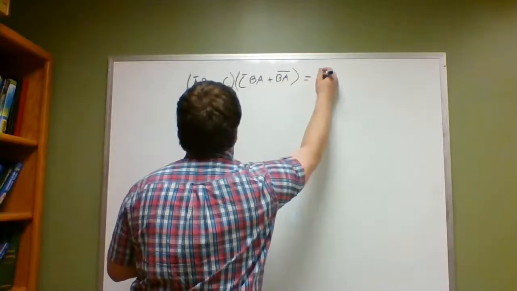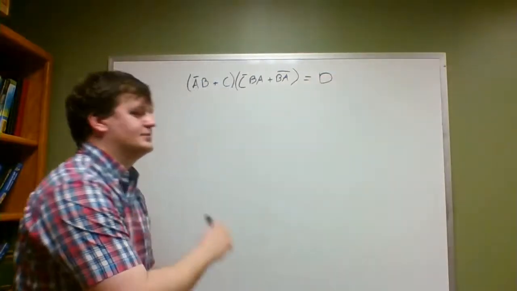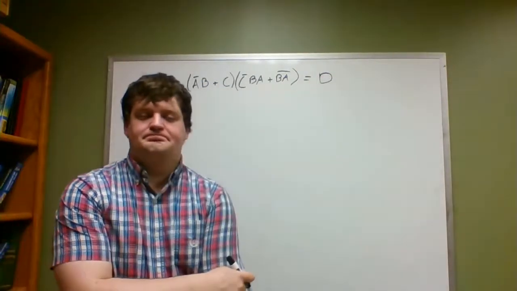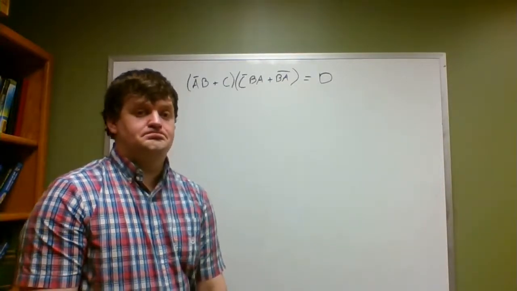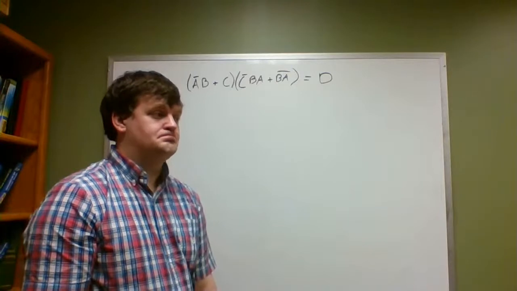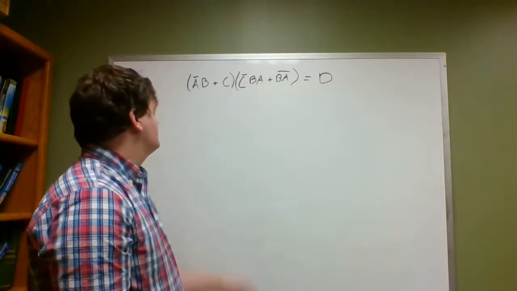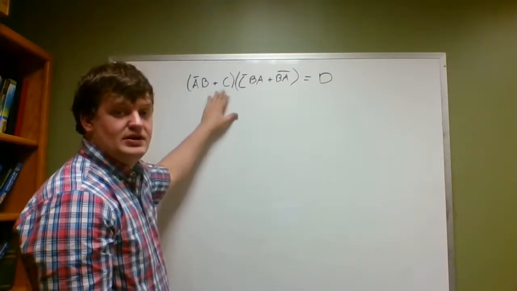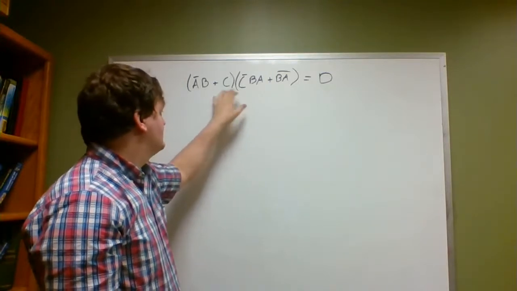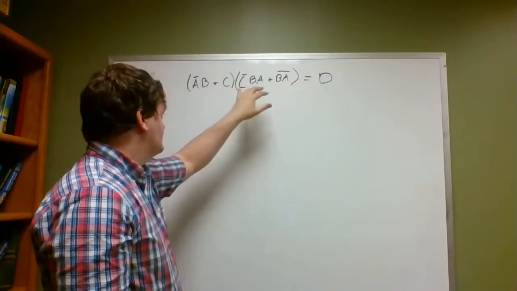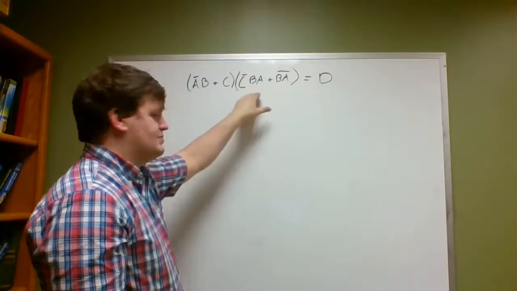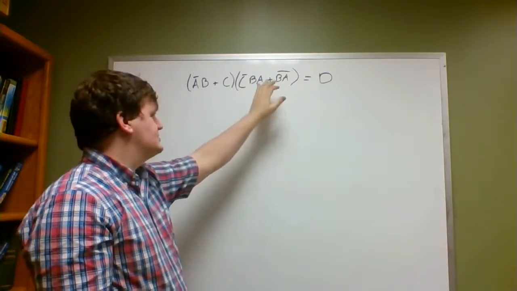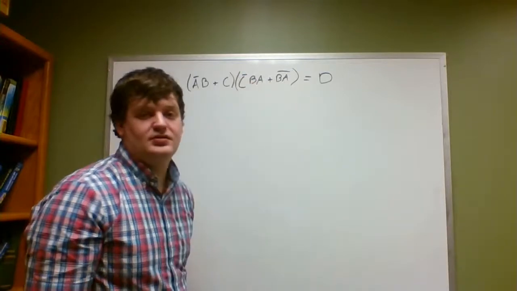And that equals D. So: (A naught B plus C) multiplied by (C naught B A plus BA naught).